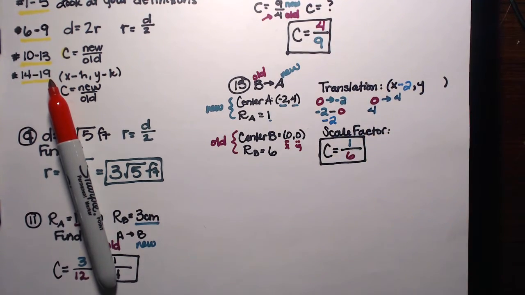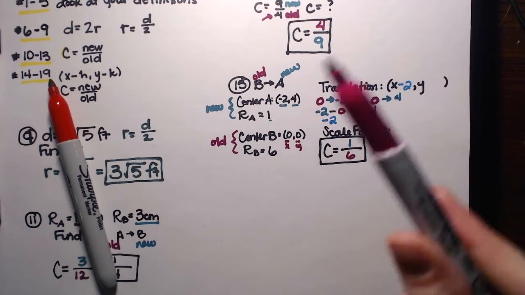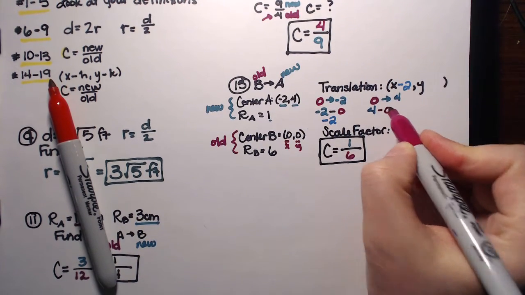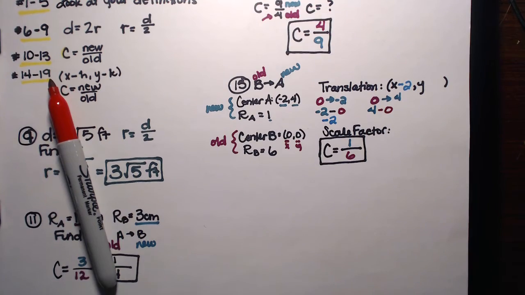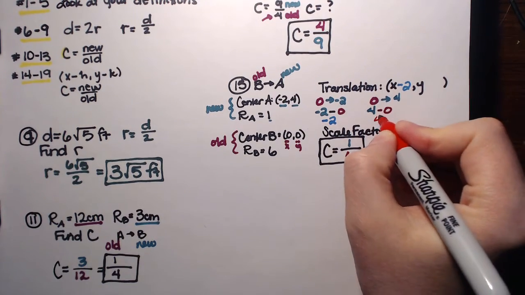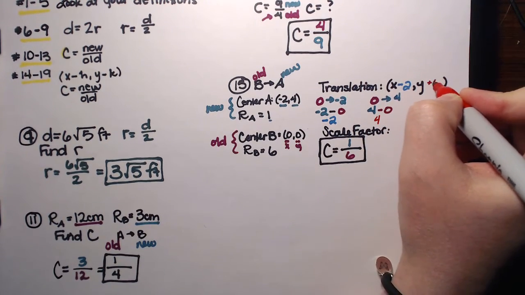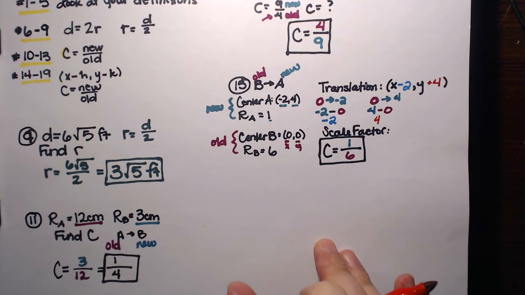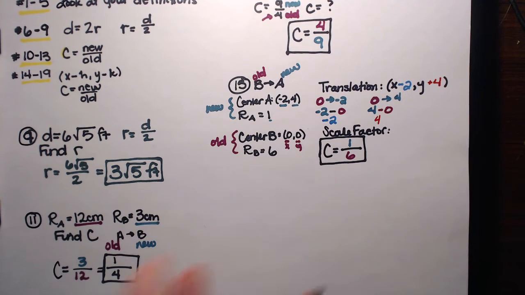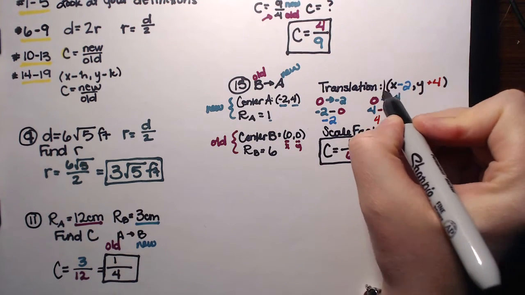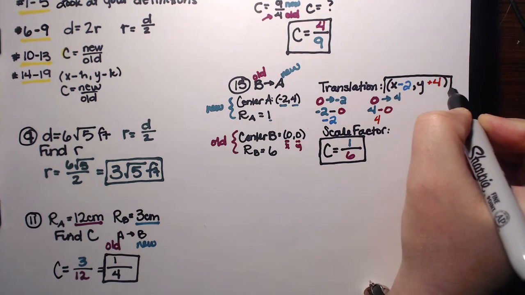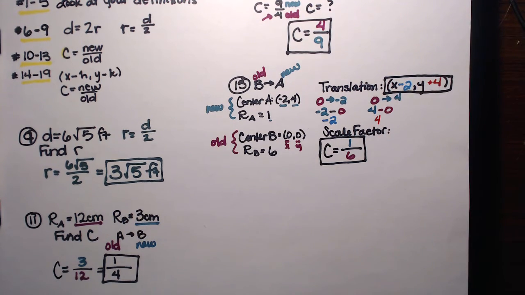Well, I can take 4 and subtract that 0. And that's going to give me a value of 4. So I'm going to take my y values and move up 4. So that is the translation, which is just telling me how is it moving, how is it shifting.